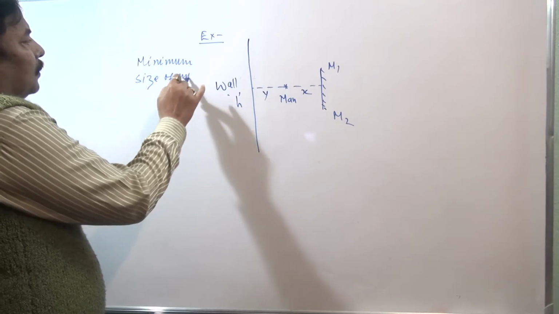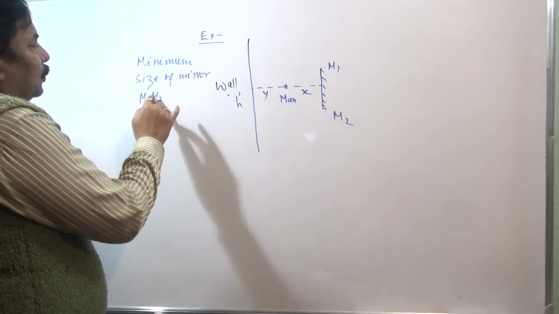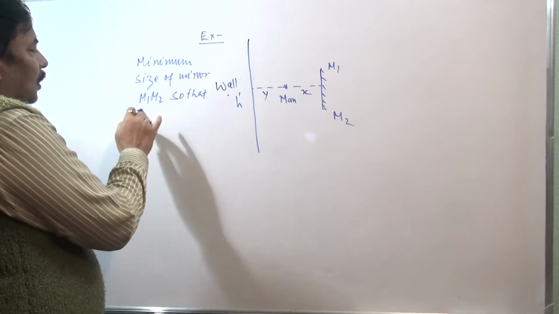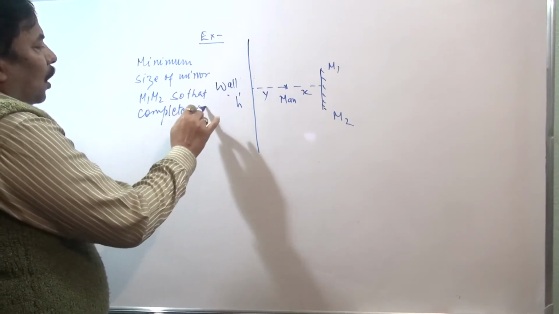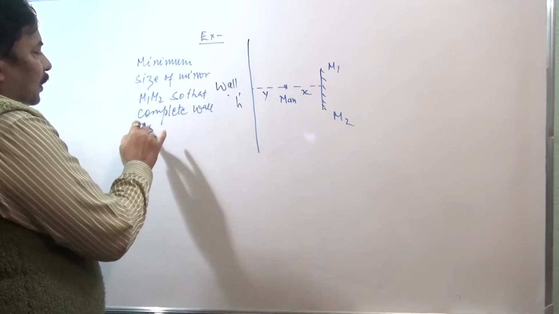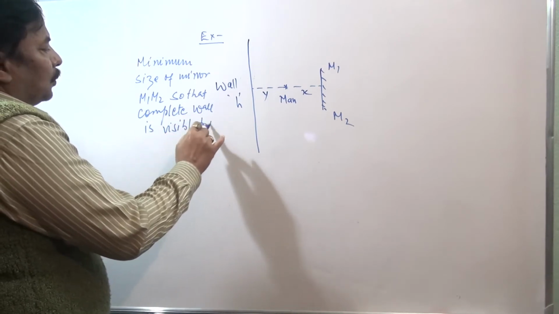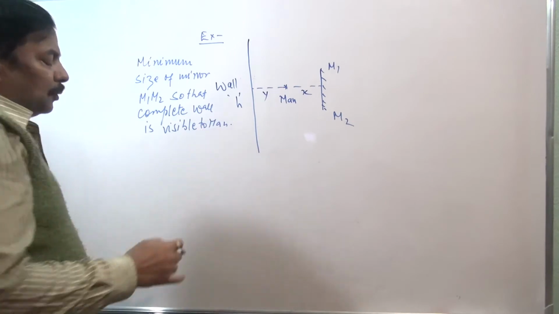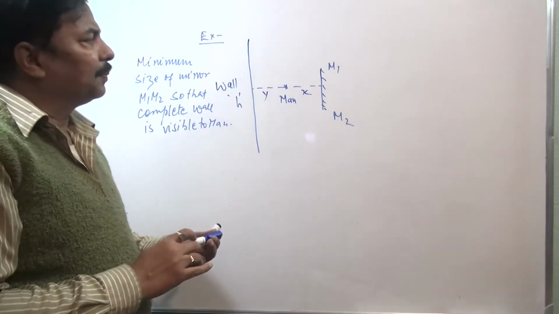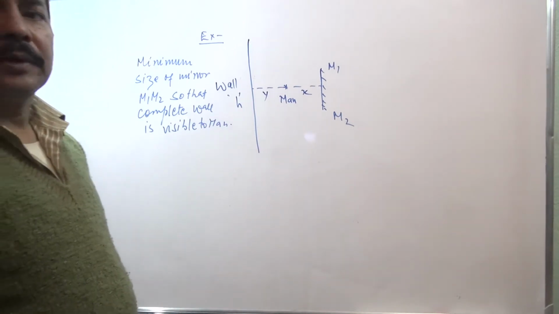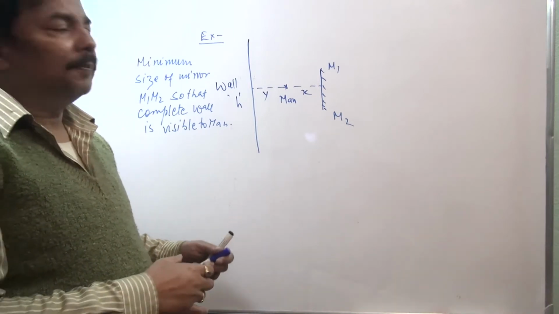You have to find the minimum size of mirror M1 M2 so that the complete wall is visible to the man.